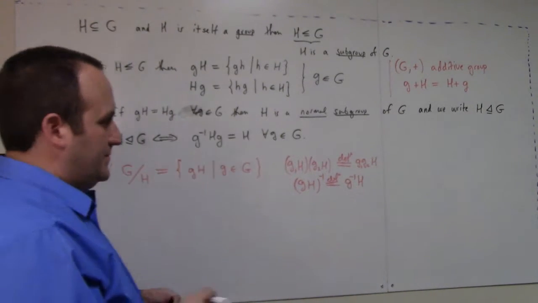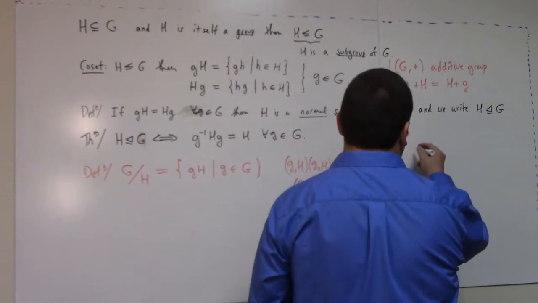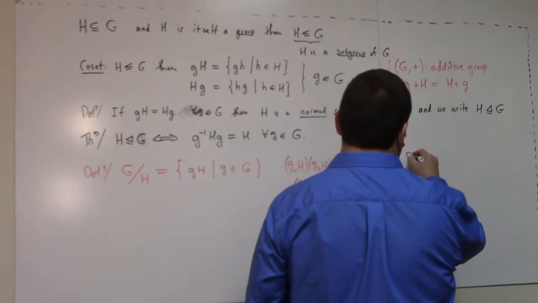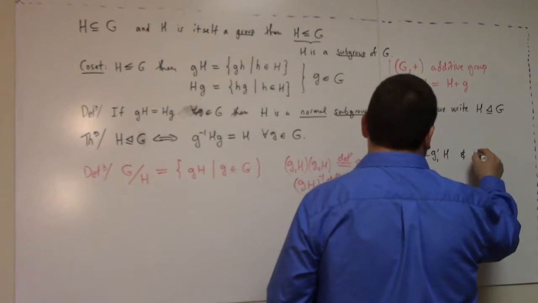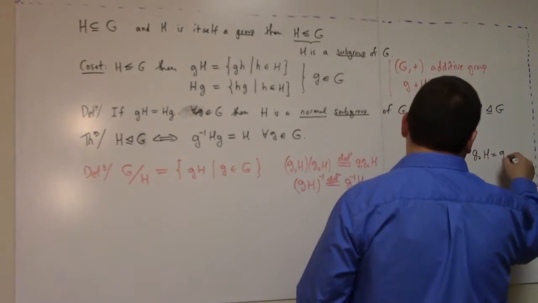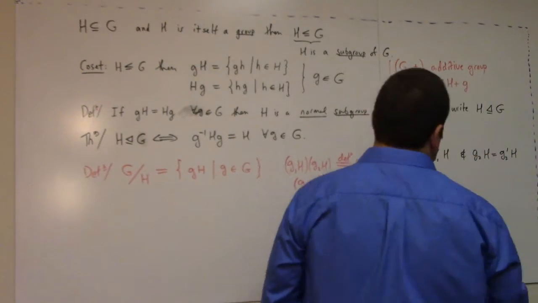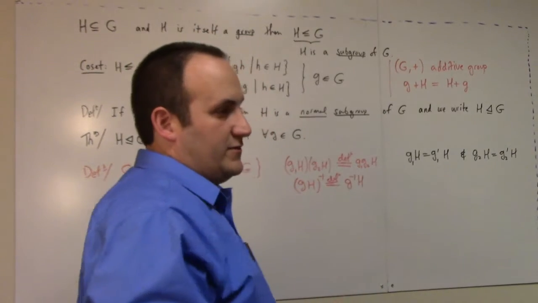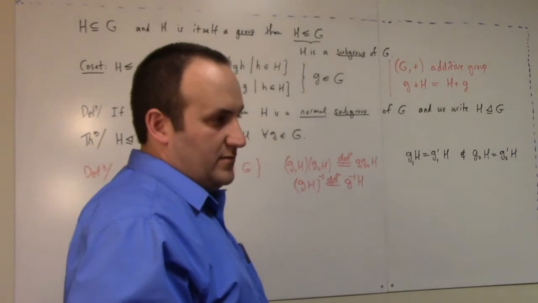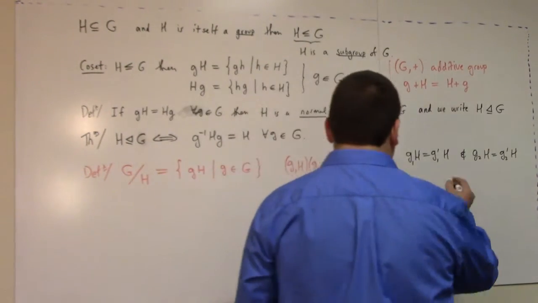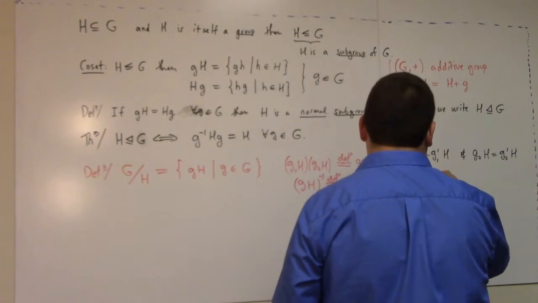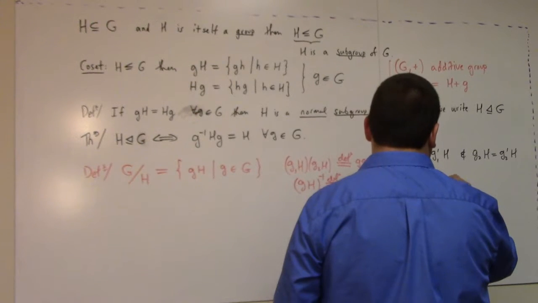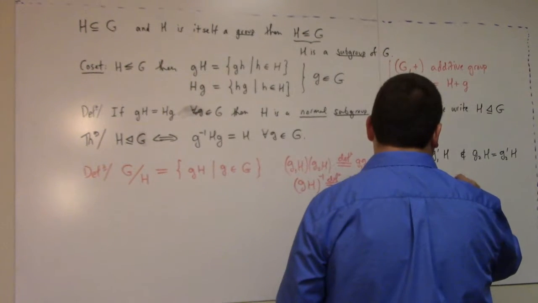Suppose you had g1H equal to g1'H, and g2H equal to g2'H. In other words, I have different representatives, g1 and g1' and g2 and g2'. And then you could say, what if I have g1'H times g2'H?